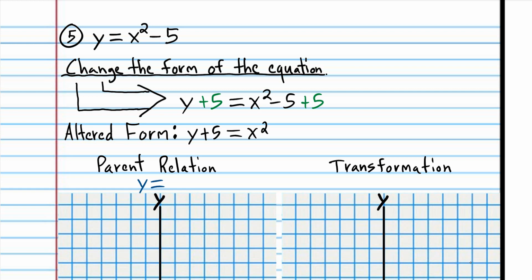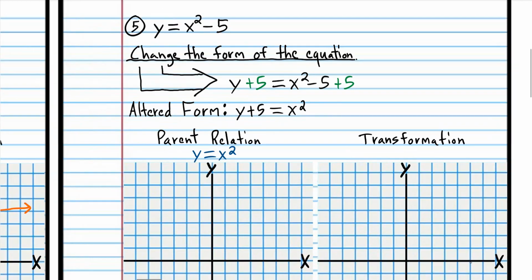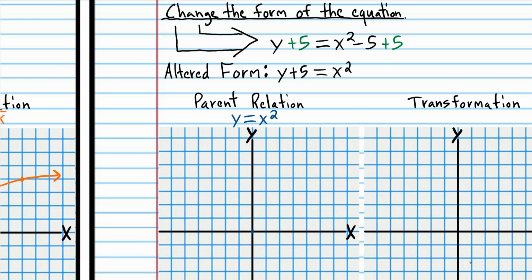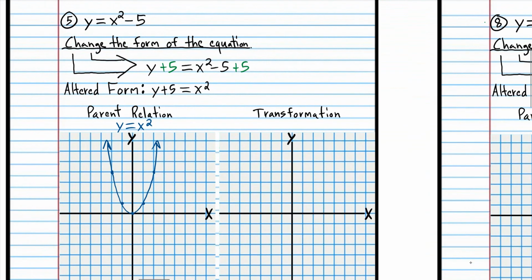So the parent equation is y is equal to x squared. And look on your library, you see we have these reference points. We've drawn these graphs many, many times.